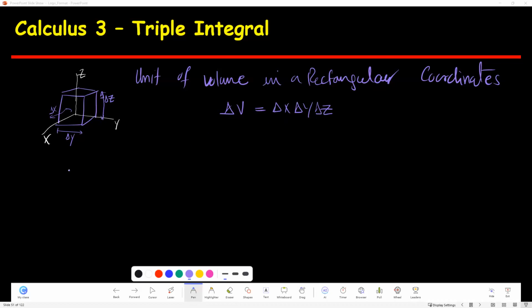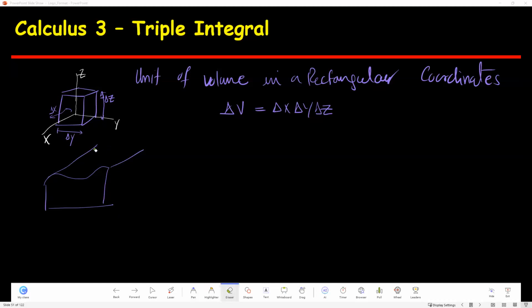If I have a three-dimensional object, let's suppose like this, I'm going to draw it the same way, like this shape.